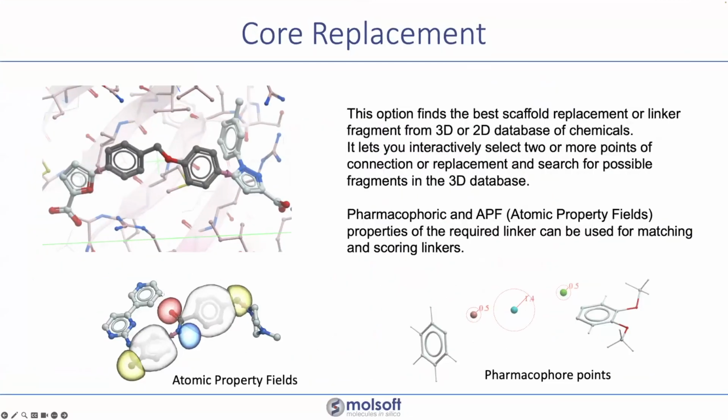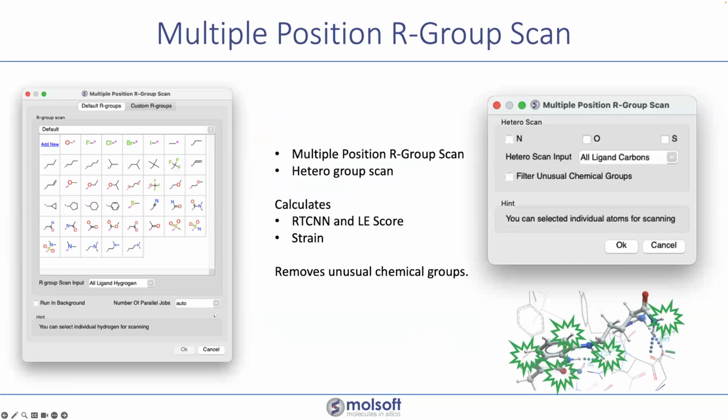There are also advanced options to match particular pharmacophores. If you want to keep certain pharmacophores, you can score it as how well it matches those.